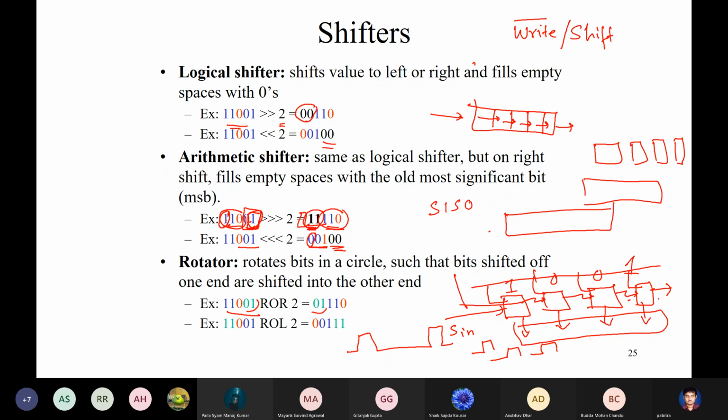Then if you have k number of flip-flops, you have to keep the shift on for k cycles. So write for one cycle and shift for k cycles. This would give you a parallel in, serial out, because it will keep on shifting, and if you look at the output of the final flip-flop, you'll get the serial out.